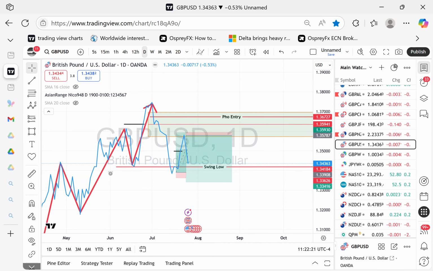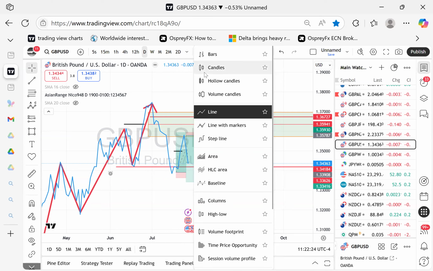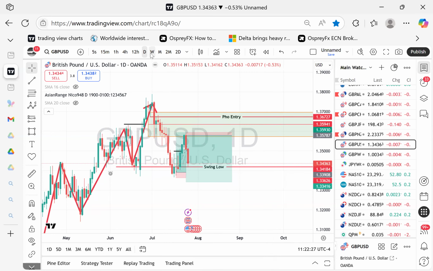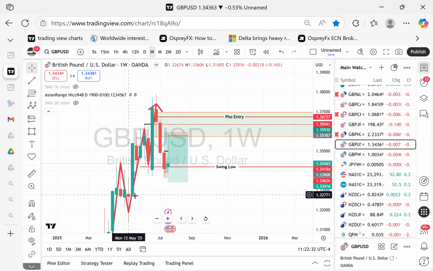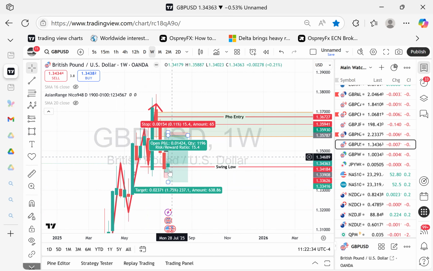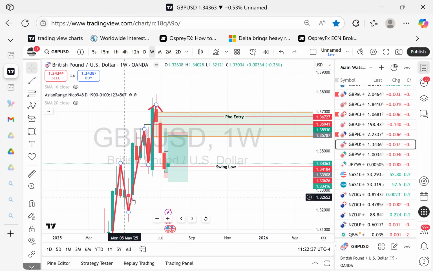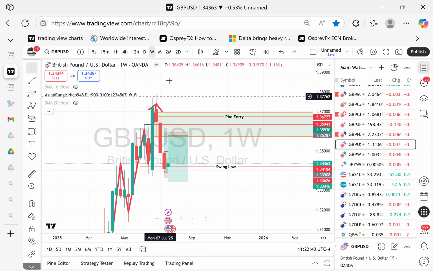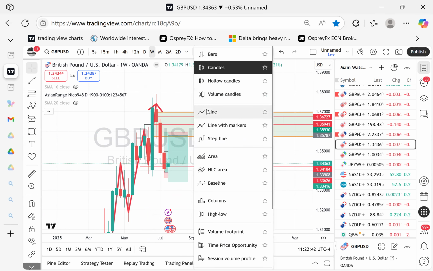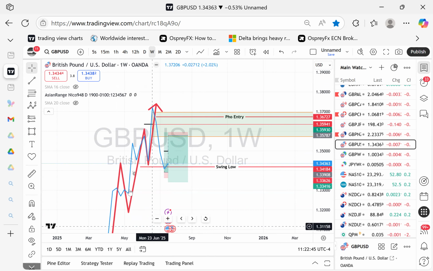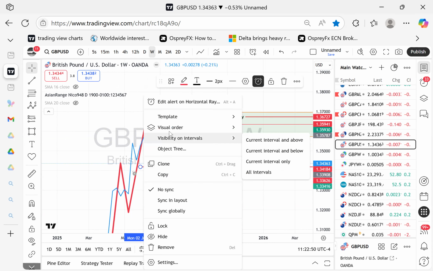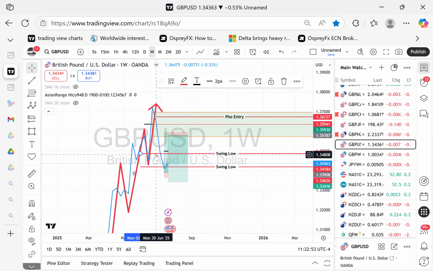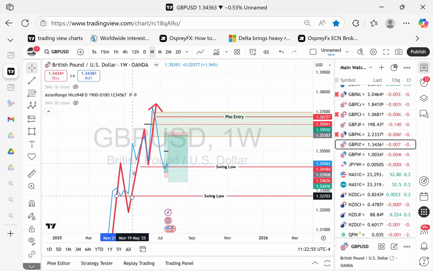If I go up a time frame to the weekly, my next target is this low right here. So I want this price to push on down to and through this swing low. And if you're confused on where this swing low is, again, you can throw on your line chart and I can place this here.